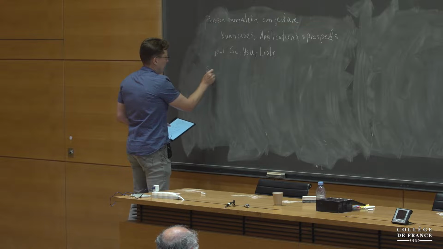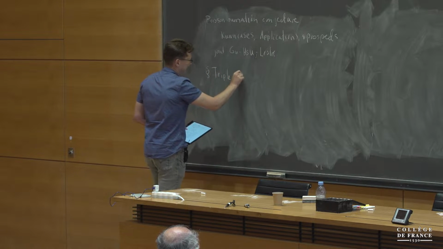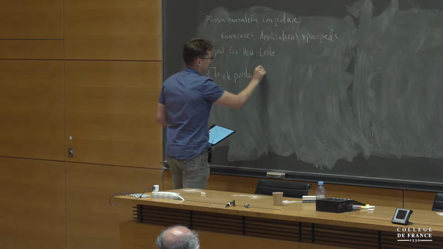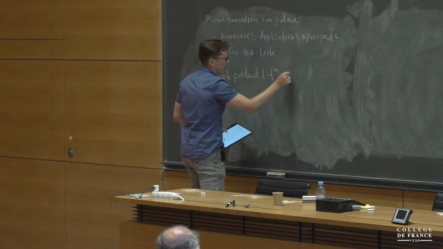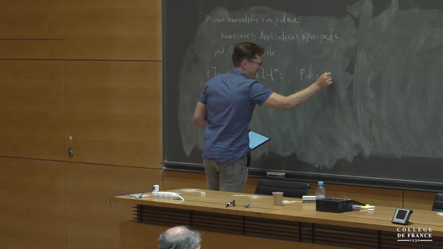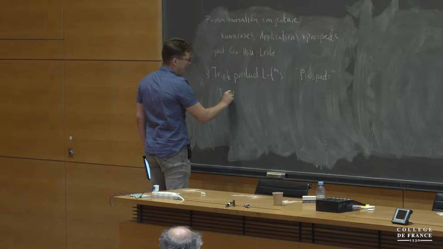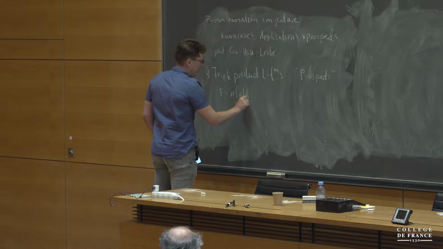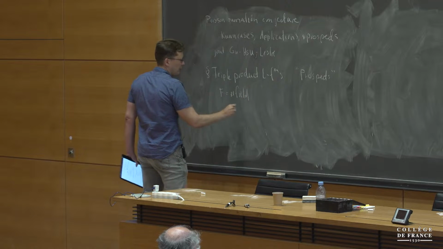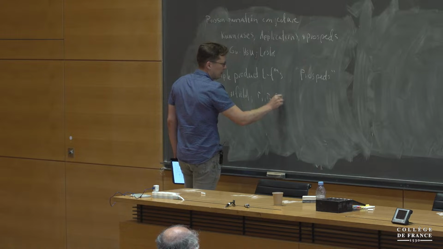So here's the prospect that I'm interested in. Let F be a number field. And I'll give myself a triple of integers R1, R2, R3.